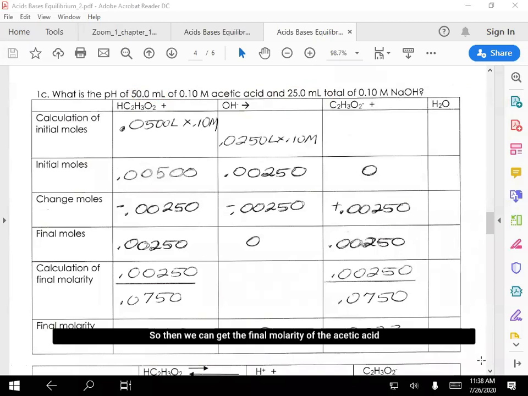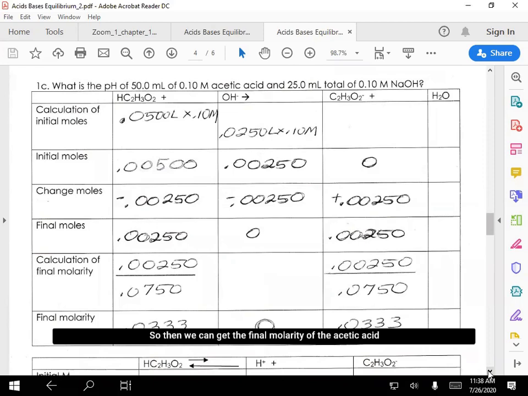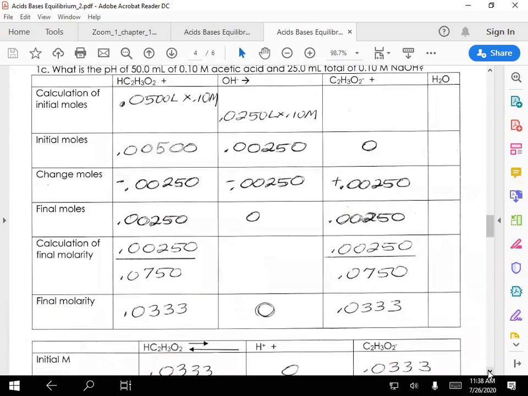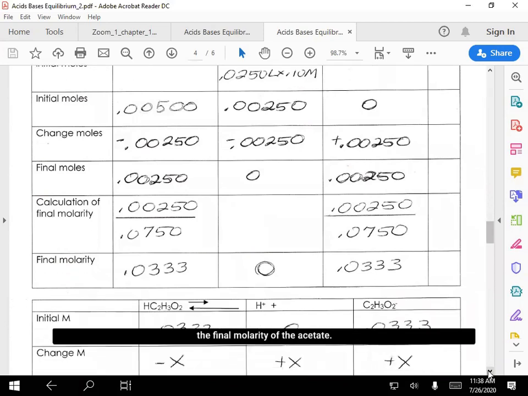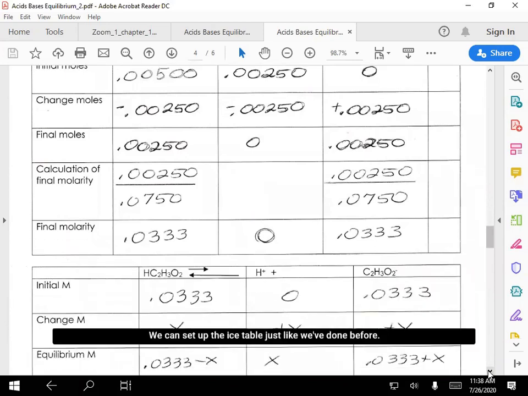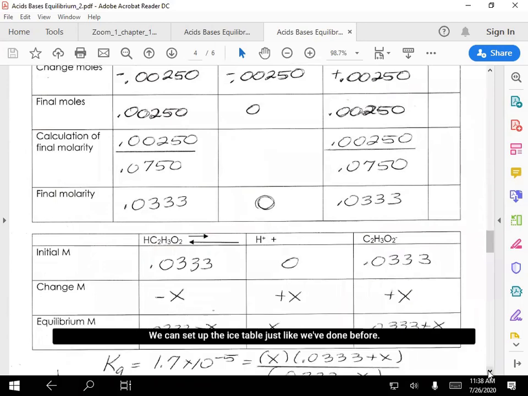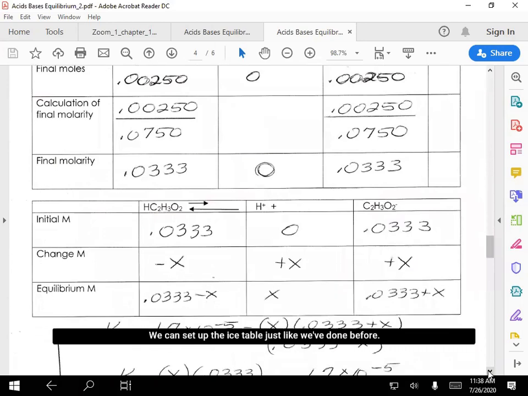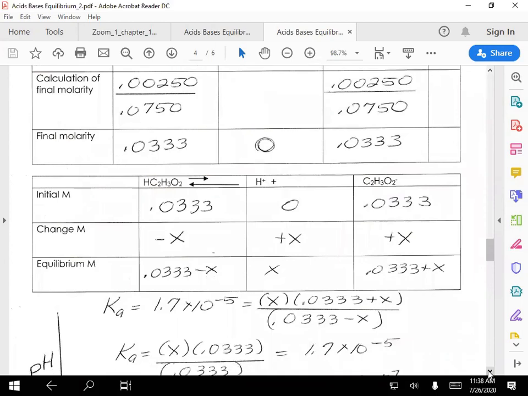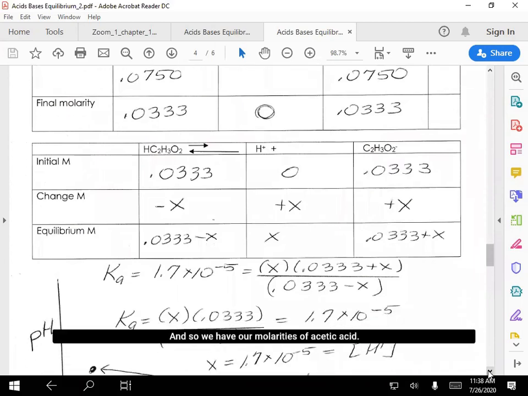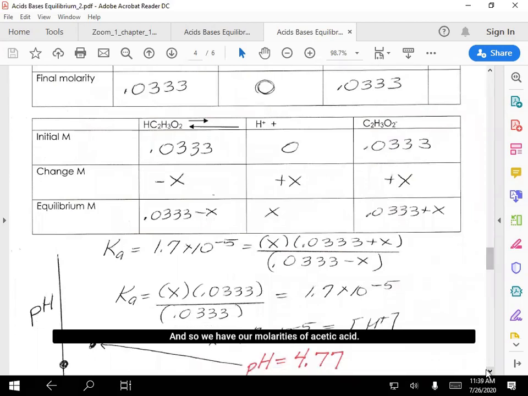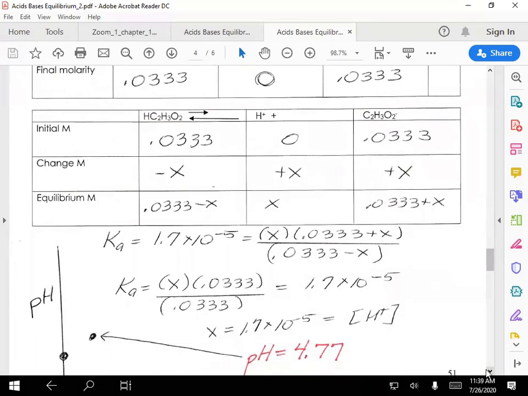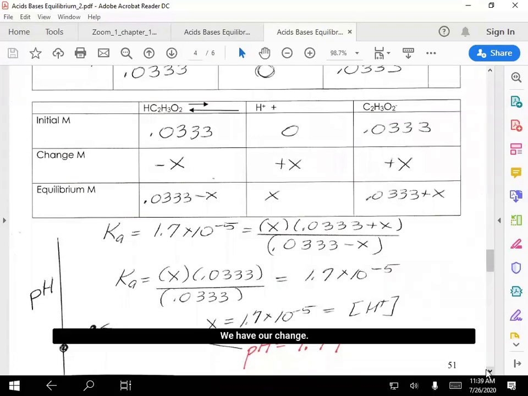So then we can get the final molarity of the acetic acid, the final molarity of the acetate. We can set up the ICE table just like we've done before. And so we have our molarities of acetic acid. We have our change.